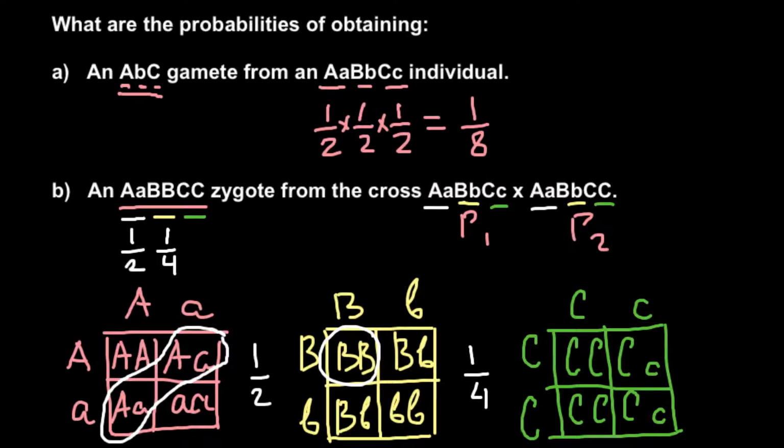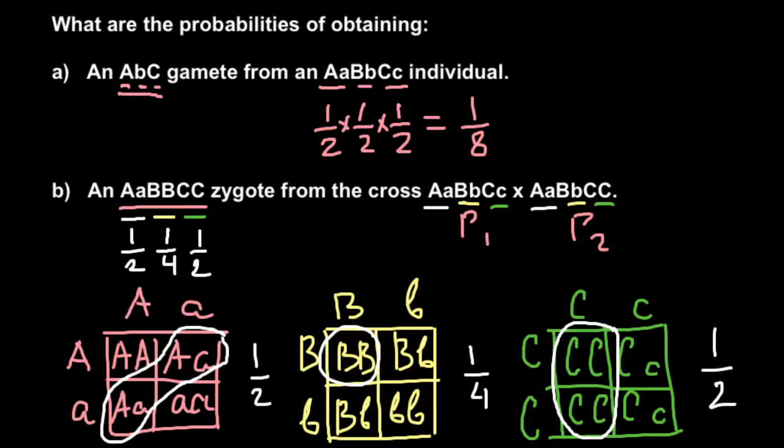So as you see, the probability of obtaining capital C capital C would be 2/4, or we also can say 1/2. So 1/2 chances of obtaining this genotype for the gene C.